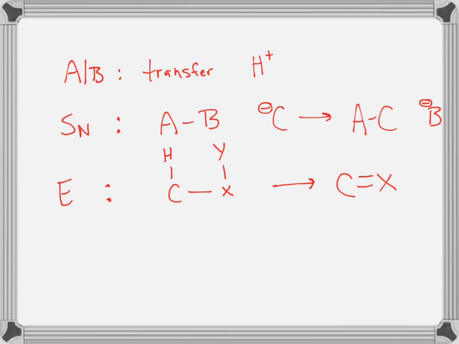X typically refers to a halogen, but what I want you to be aware of is your elimination does not have to be a carbon-carbon double bond. It can be a carbon-oxygen double bond or a carbon-nitrogen double bond. So X in this case is really just referring to any atom. In the process of doing this, we form the double bond between carbon and whatever X is. We'll almost always lose an H plus, and you'll have some leaving group as Y minus.